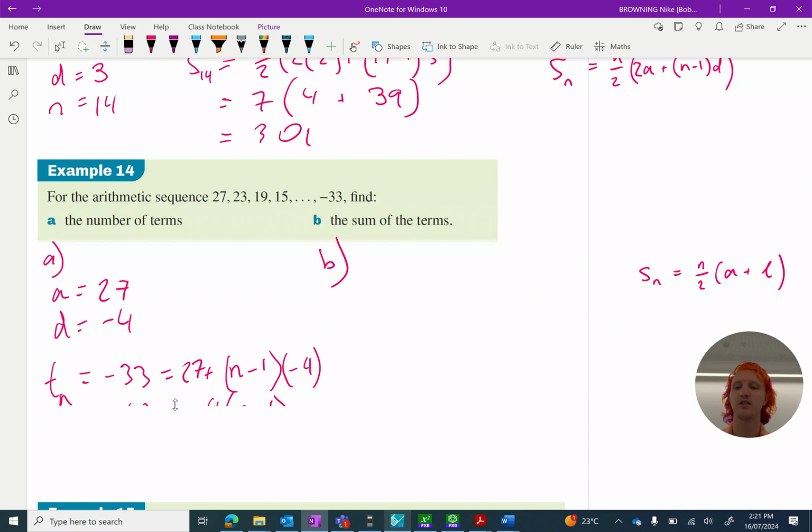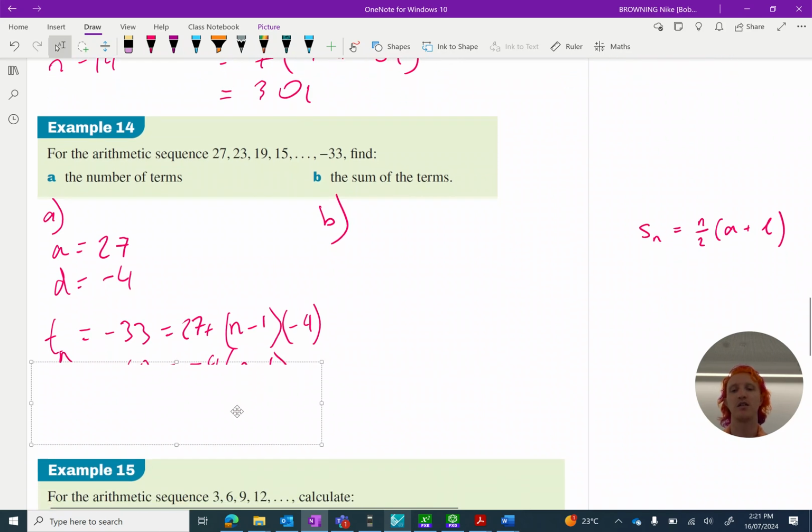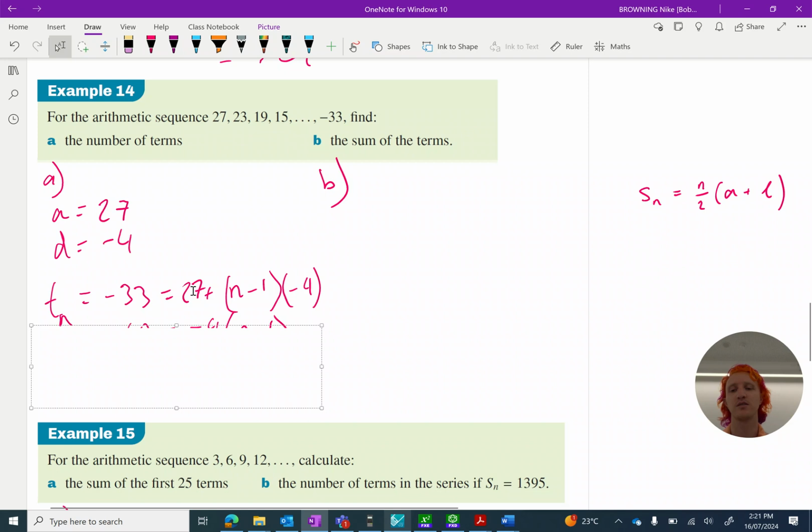We can use the last term, so we know that t_n is equal to negative 33, which is a plus (n minus 1) times d. And then we can solve that, subtract 27 from both sides, divide by negative 4, and determine n minus 1, and then 16 as our n.